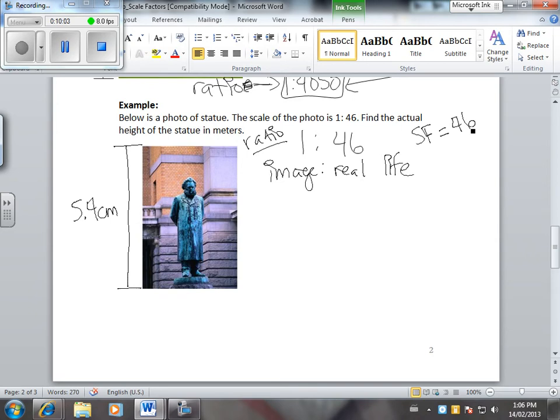Okay? So, in real life, will the statue be bigger or smaller than the picture? Hopefully you answered that. In real life, the statue is bigger than the photo.